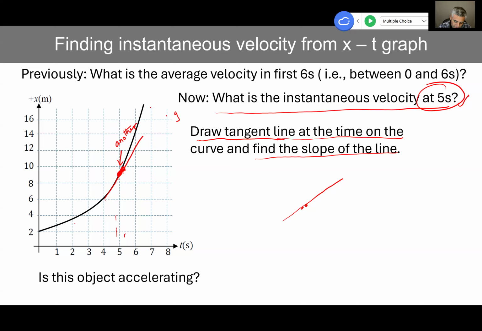Hey, can you draw one at 2 seconds? I am hoping you have this slide open somewhere or printed, so that you are following and doing the things I'm asking you to do, so that you keep learning and don't fall behind.